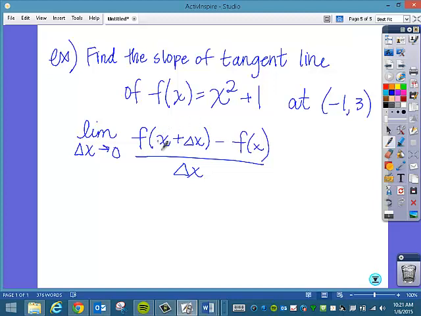I'm going to plug x plus delta x in for x. I'm going to have to use parentheses. So the limit as delta x approaches 0, and all of this is going to go in here.